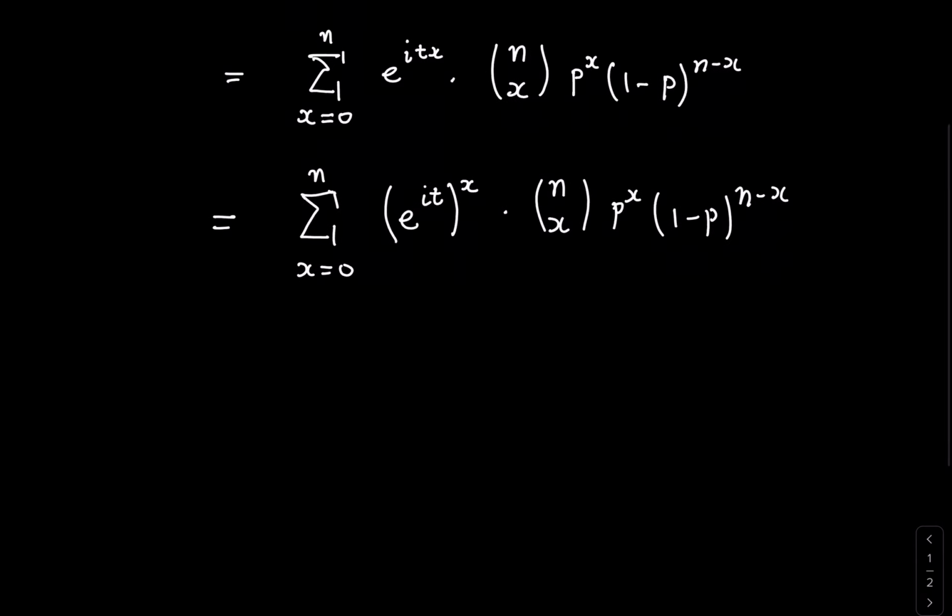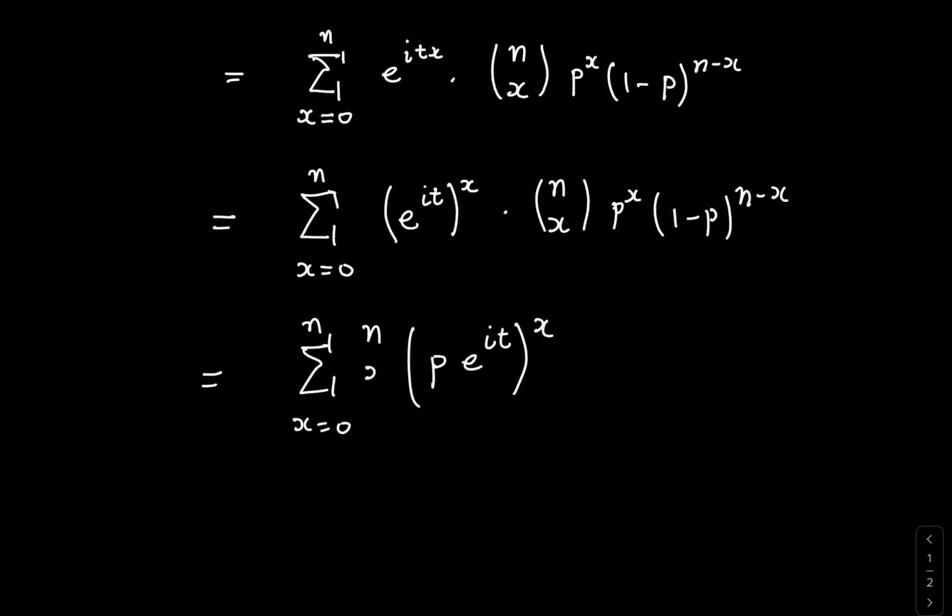And then by the power laws, I've got something to the power of x and something to the power of x. This means that I can take x equals 0 to n, and write it as (p e to the i t) all to the power of x. I'm going to put the n choose x out the front here, and I'm still going to have my (1 minus p) to the n minus x here.